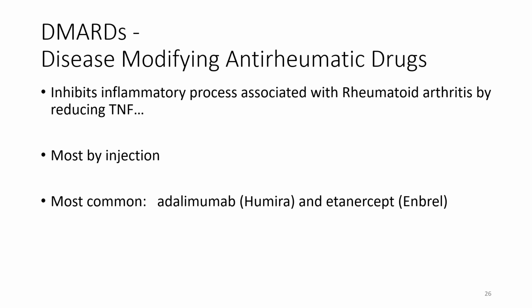Now, I did list the two most common ones there for you, but these drugs are used for more than just rheumatoid arthritis. Okay, some of the other autoimmune disorders like ankylosing spondylitis or psoriasis, Crohn's disease, and then ulcerative colitis. Now, some of you may be wondering what on earth is ankylosing spondylitis.